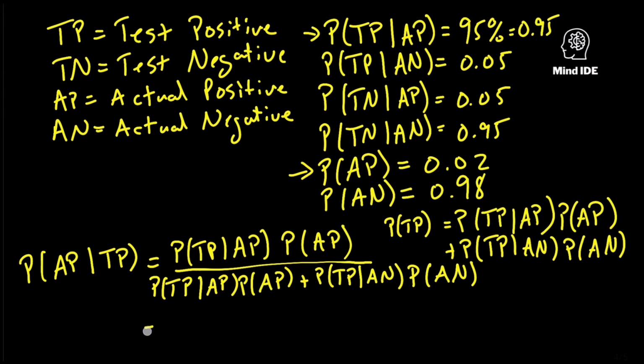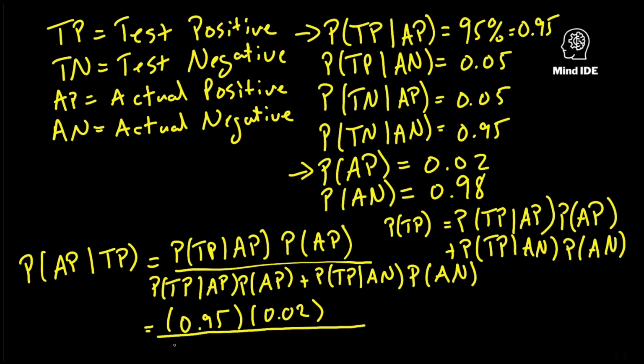Okay, and now we can sub in numbers. So we have all of these different probabilities. The first one, test positive, actually positive, is again this guy here, which is 0.95. And we multiply that by actually positive, which is 0.02.